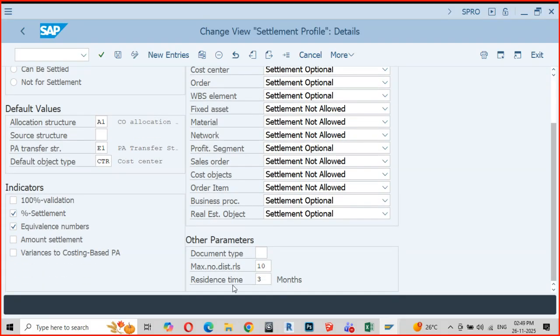How long is the residence time? How long is this particular entity active? Suppose I have an exhibition which is for 3 months. So I would let the internal order exist for 3 months. Clear?